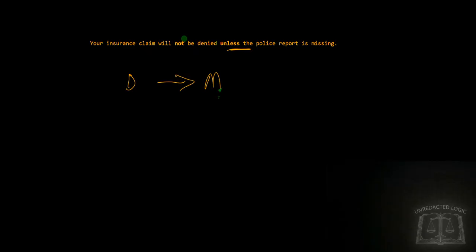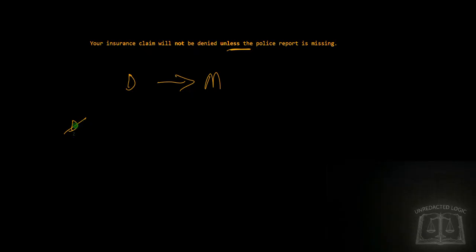Okay. Now, let's look at what happens when the claim is not denied. Well, the rule is not being triggered. So let's say the police report is missing. The conditional statement would be valid because it would be vacuously true under that scenario.